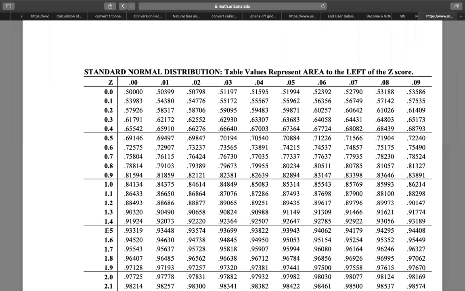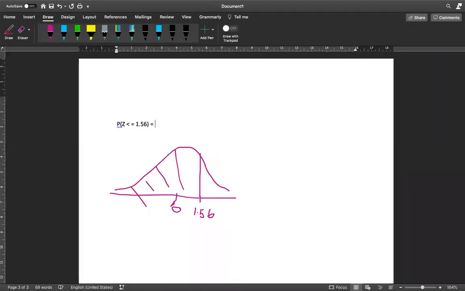Yes, please. So there's the value: 0.94062. Very good.